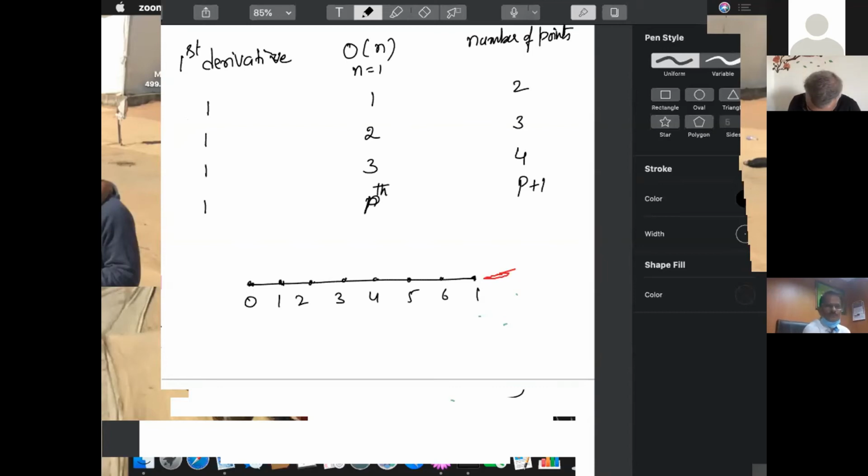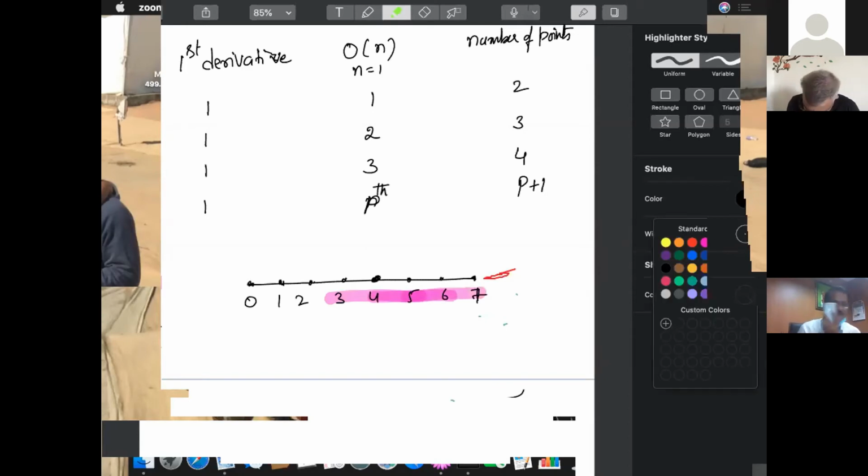So if I'm approximating my derivative at 4, I don't have any problem, because if you take second order accuracy, you need 3 points. So you get these 3 points here. For the fifth point, you get these 3 points. Sixth point, you get 3, 7. If you are looking at the derivative at 6, you need 3 points, so 6 is not a problem.